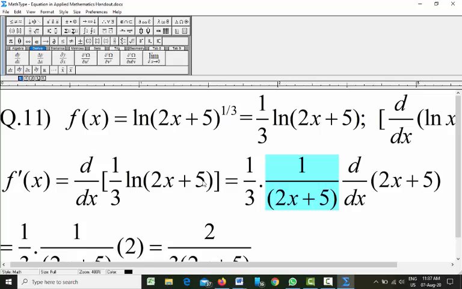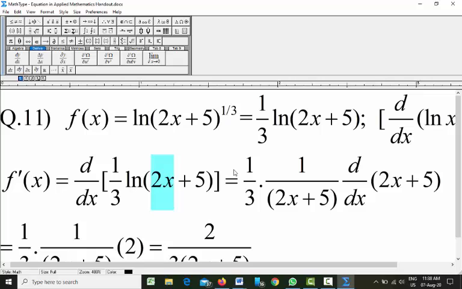And after that we will do differentiation of the inside material. Inside we have 2x plus 5, and we will do differentiation of 2x plus 5.